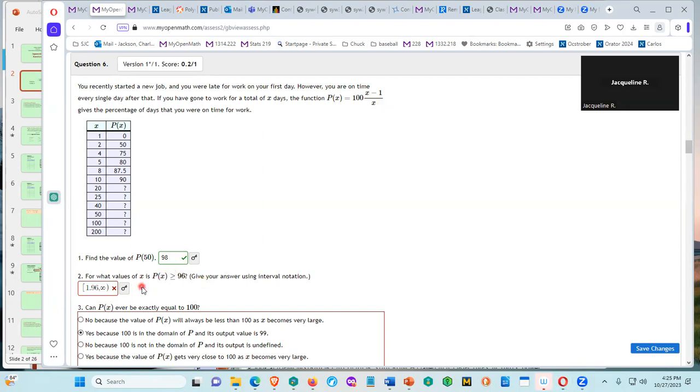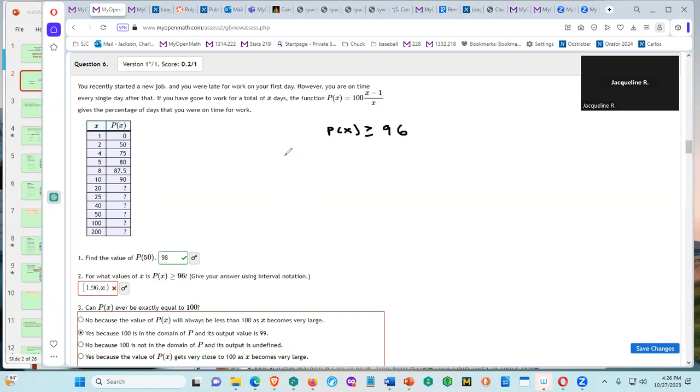For what values of x is p of x greater than or equal to 96? And so we're just going to take that statement and set up the inequality and solve the inequality. P of x greater than or equal to 96.